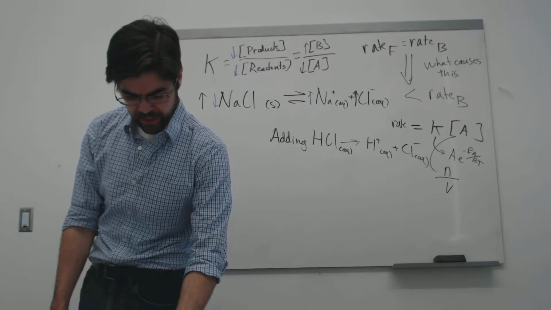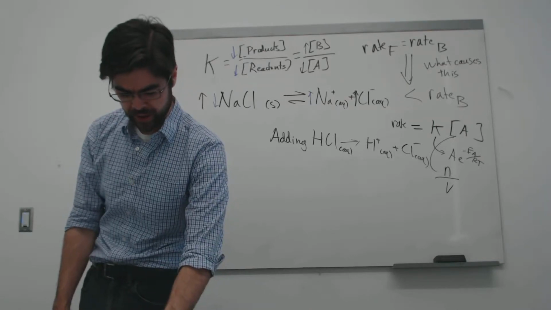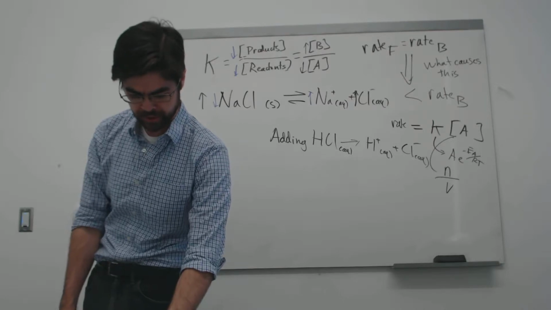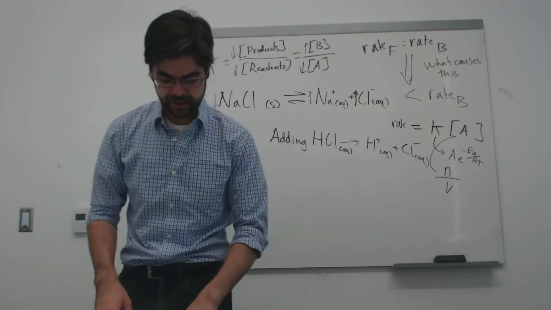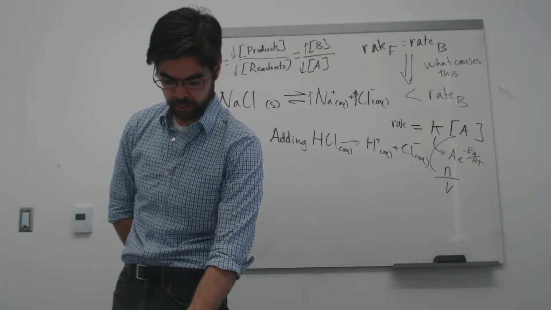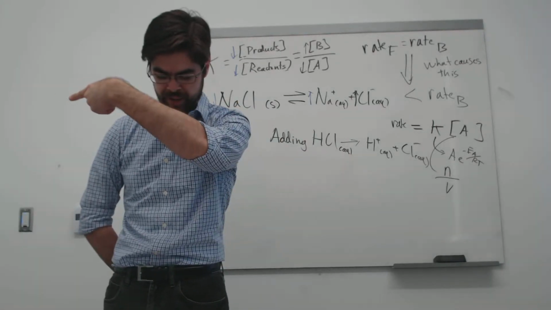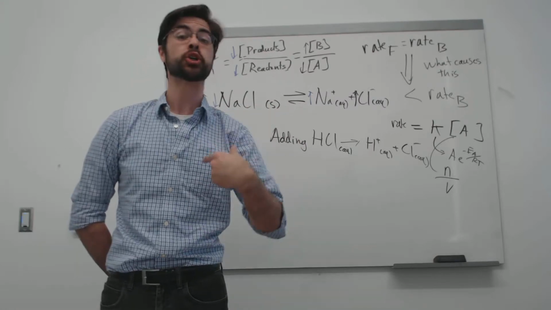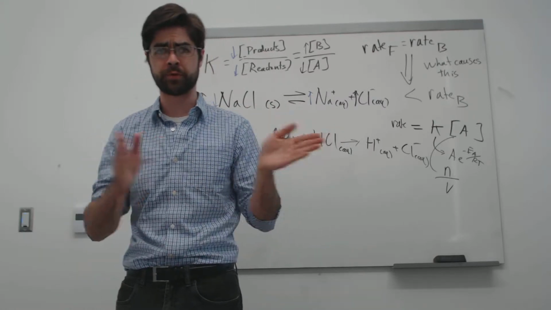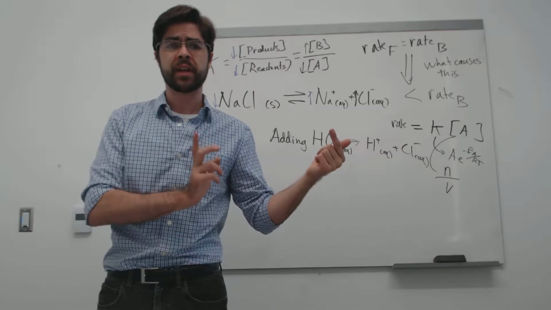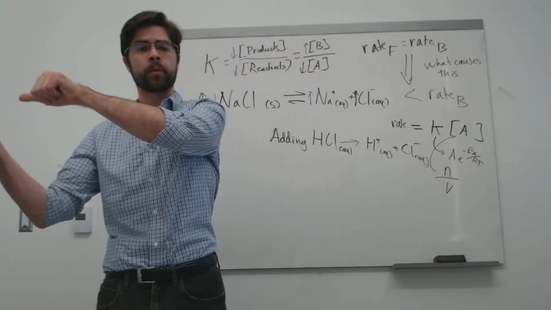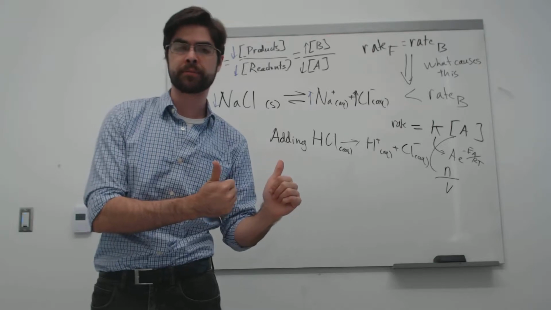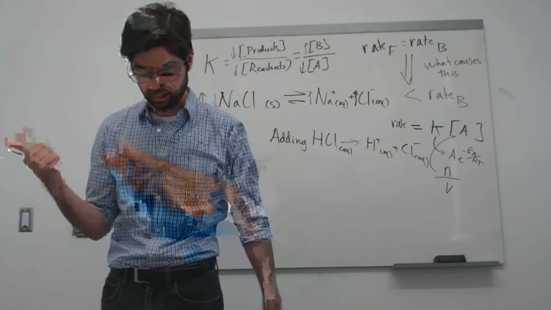Why is it that if the reverse rate is faster, the reaction shifts towards products? It shouldn't actually shift towards the products. If the reverse rate is faster, then you're producing more reactants, and the equilibrium system is shifted towards the reactants.